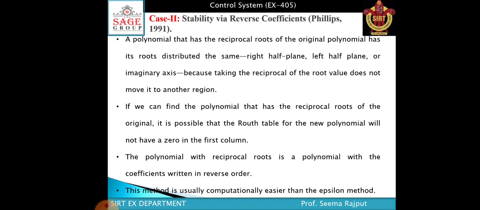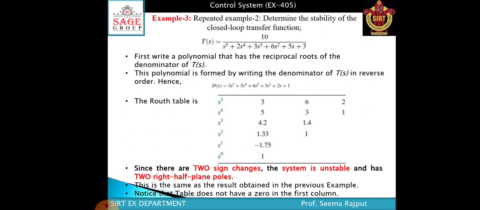If we can find the polynomial that has the reciprocal roots of the original, it is possible that the Routh table for the new polynomial will not have a 0 in the first column. The polynomial with reciprocal roots is the polynomial with the coefficients written in reverse order. This method is usually computationally easier than the epsilon method.